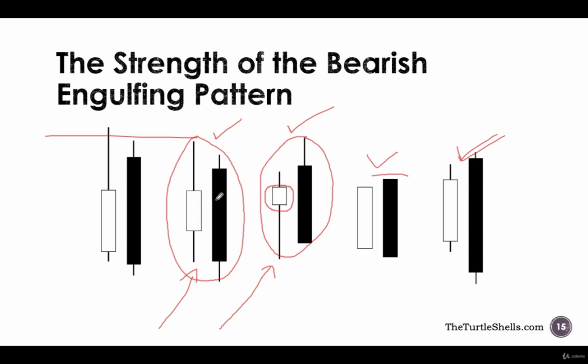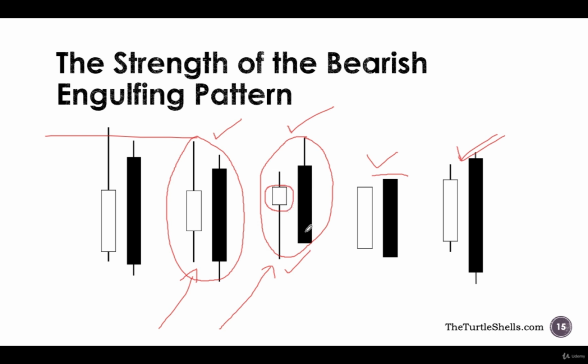If we have these two kinds of patterns in similar situations where both of them are confirming prior resistance, then I would say this one is more powerful because of the difference in the height of the real bodies and the strength with which the bears are breaking the back of the bulls here. The smaller the white real body, the better.